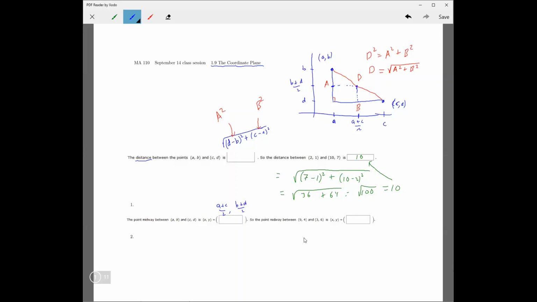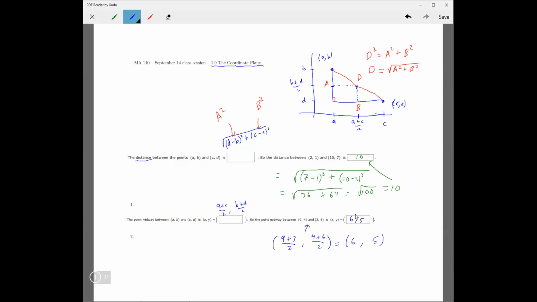Okay, so then an actual problem: 9 and 3 are the x components, 4 and 6 are the y components. So 12 over 2, that's going to be 6, and this is going to be 10 over 2, that's 5. So (6, 5) is what goes in there.